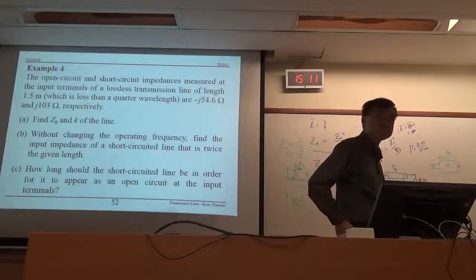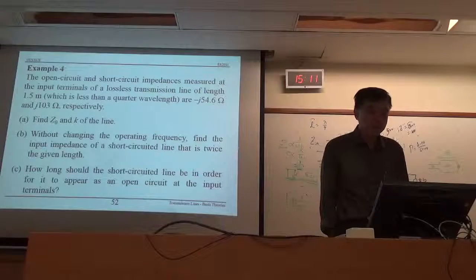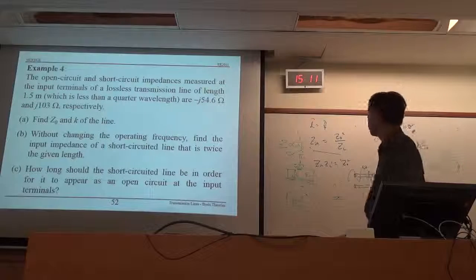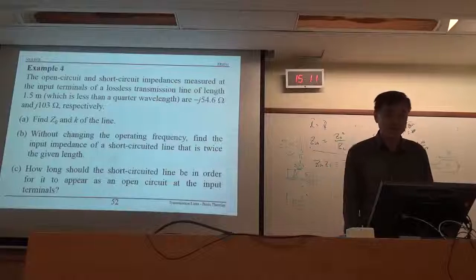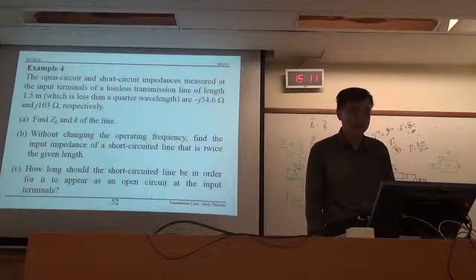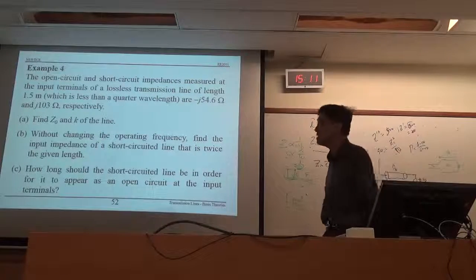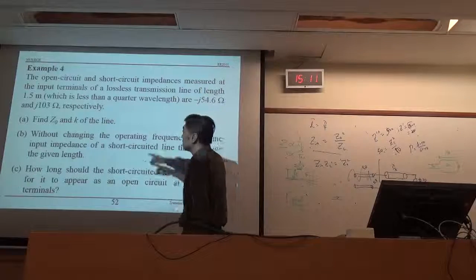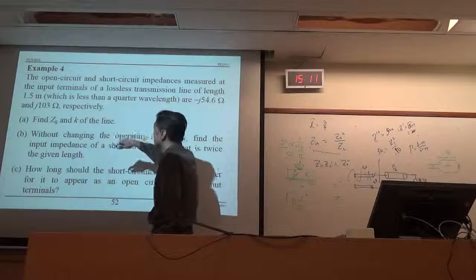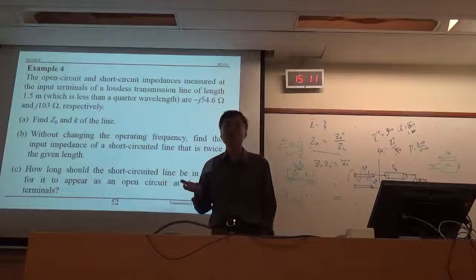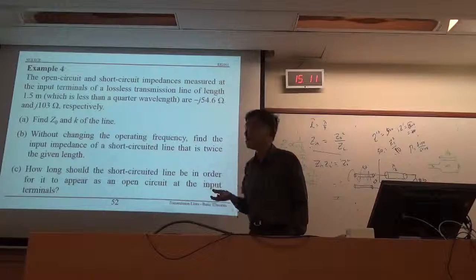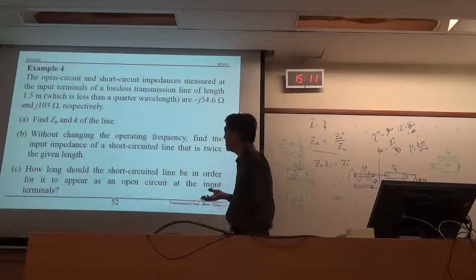Now, example: the open circuit and short circuit impedances measured at the input terminal of a lossless transmission line of length 1.5 meter. If L is given as 1.5 meter, you need to find lambda, but it's not given.